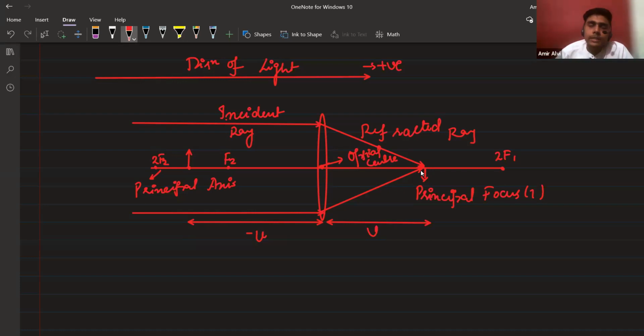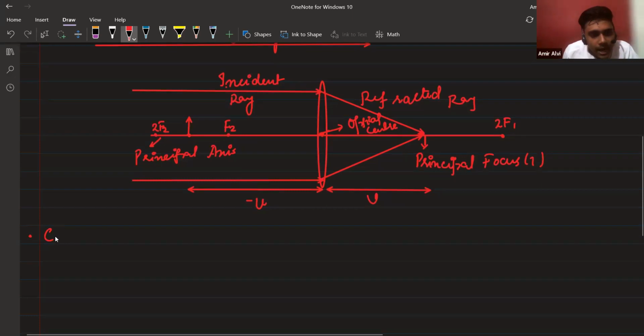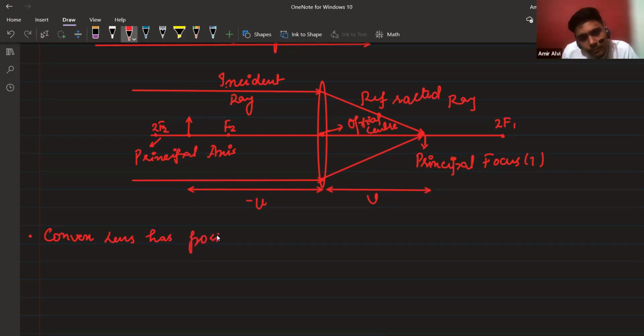We are not talking about the nature of the image; we are talking about the value of the principal focus. The image is inverted, but the principal focus will be positive. So a convex lens has positive focal length.